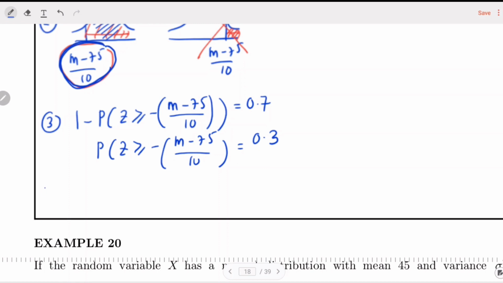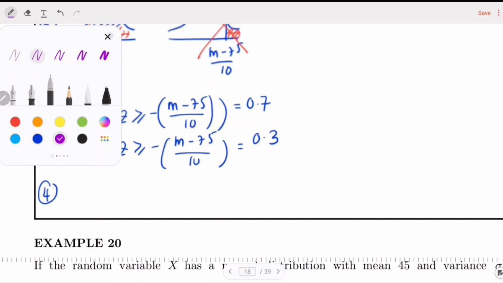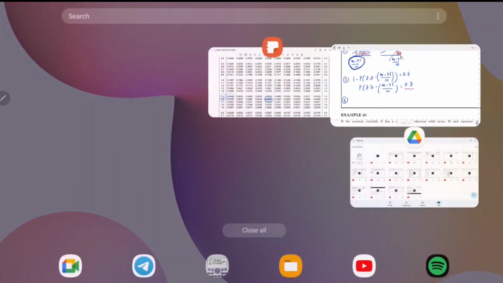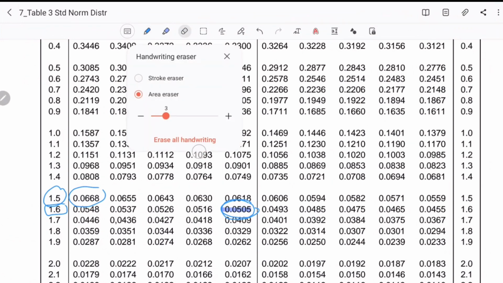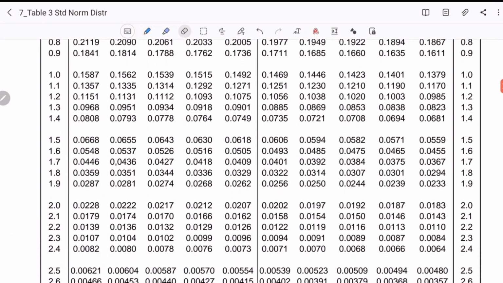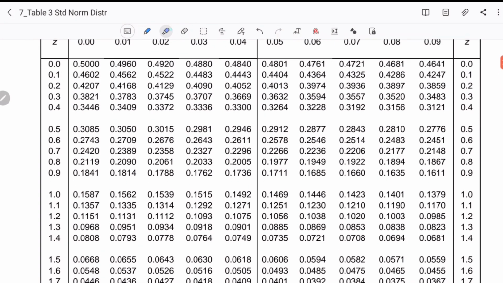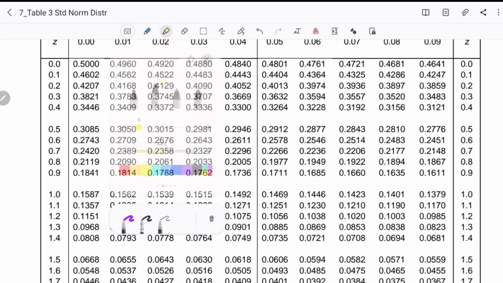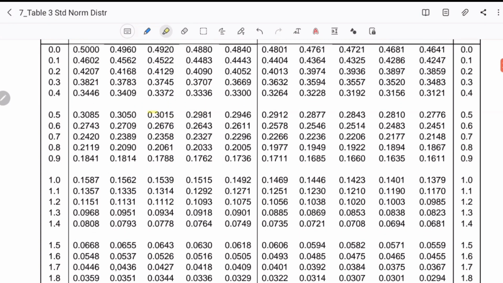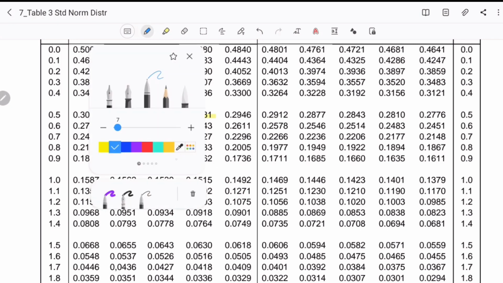0.3. And then proceed to the next step, which is to find the value of Z that will give us probability 0.3. So take a look at the standard normal table and find 0.3 in here. So 0.3, we don't have the exact value for 0.3. We have 0.3015 and 0.2981. So we need to find the closest one to 0.3, which is, I guess, this one.